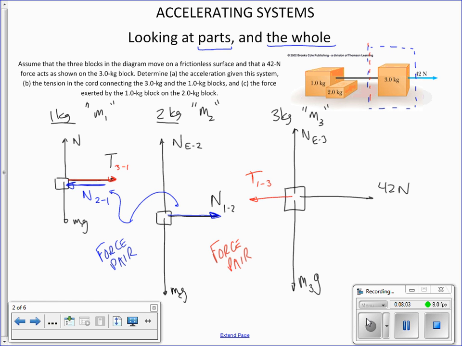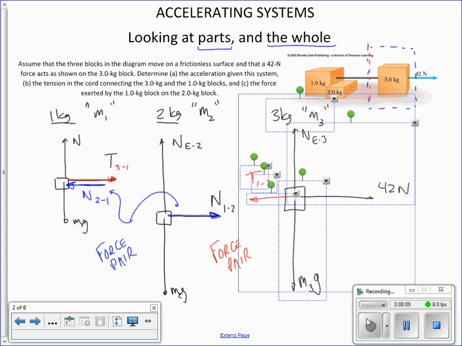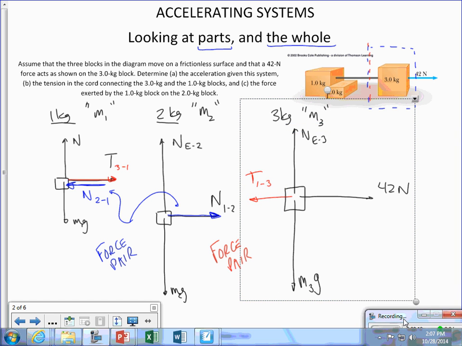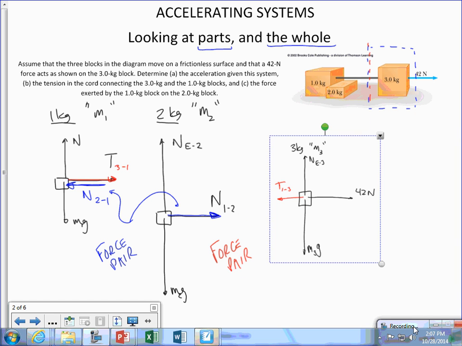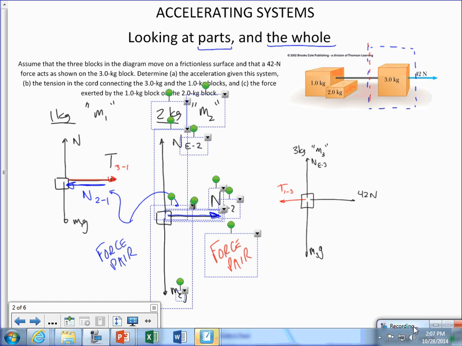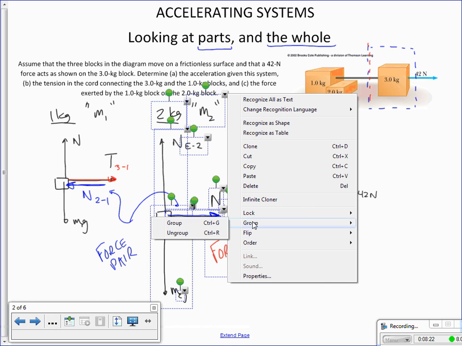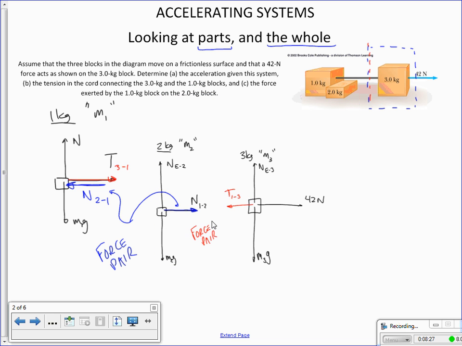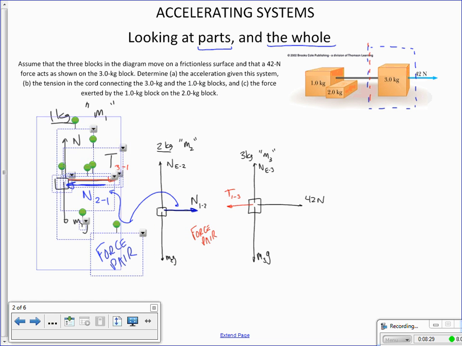Okay, I'm going to try to make these a little smaller. Group this, group that.